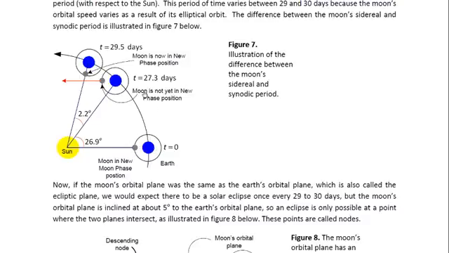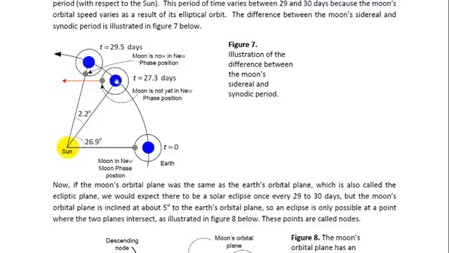Then 27.3 days later, the moon is in exactly the same position with respect to something very far away, which we call the background stars. As you can see, it's the same position, but it's not between the sun and the Earth. It's where it was there.